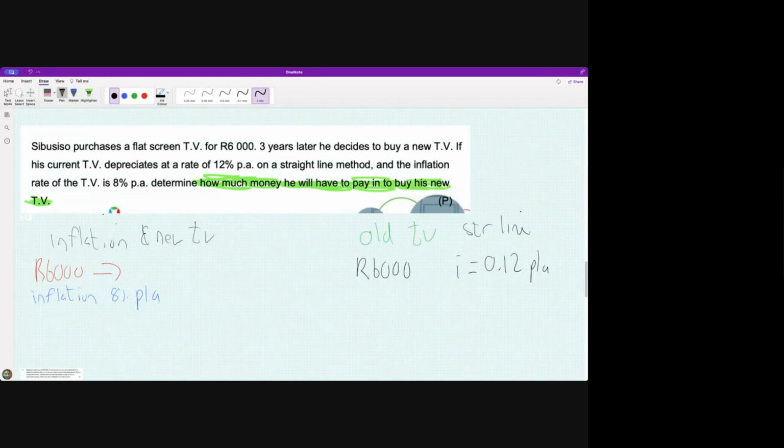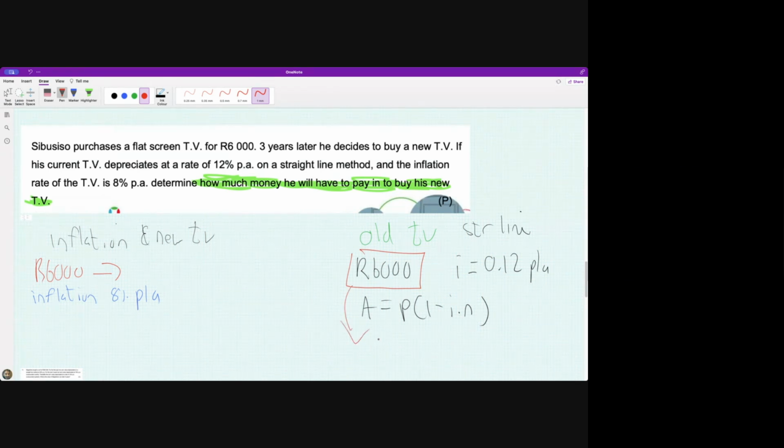Okay, so there's two parts to this problem. The one is that the old TV that was worth 6,000 Rand has to be depreciated using the straight line method. So you need to use the straight line depreciation formula to work out how much the old TV is worth today.